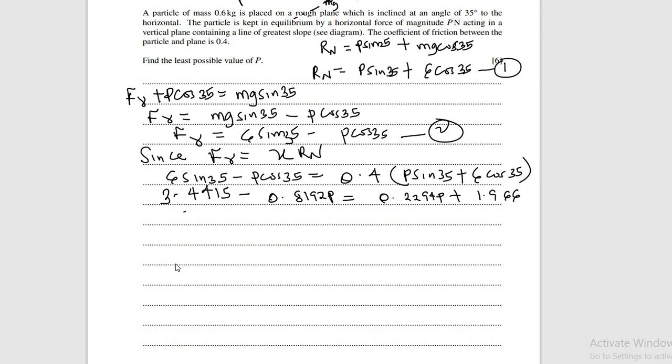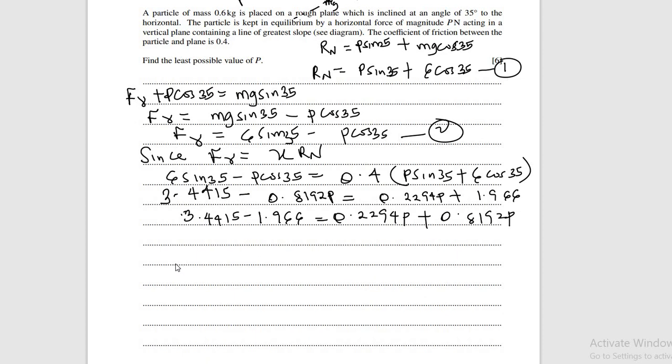Collect the like terms. That will be 3.4415 minus 1.966 equal to 0.2294P plus 0.8192P.